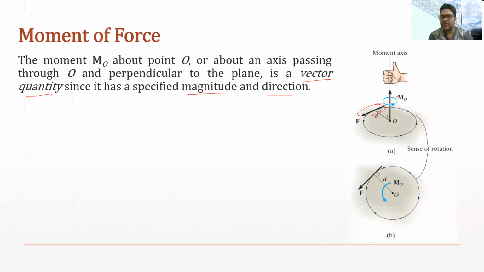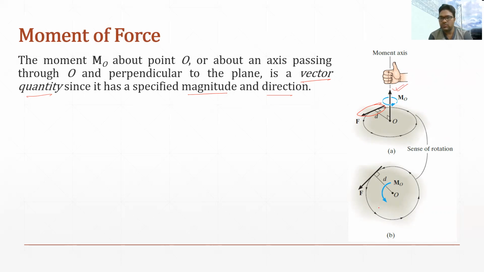In this case, the force is rotating about this axis, which is perpendicular to the plane of the force, I mean the plane in which the force and distance exist. So this is the perpendicular axis to the plane.